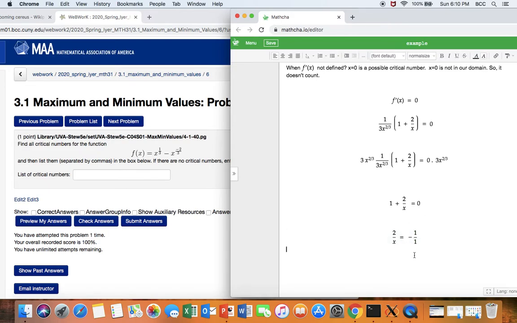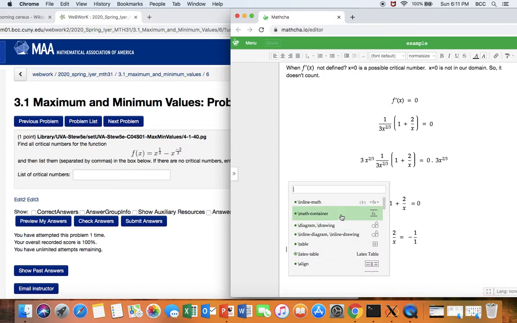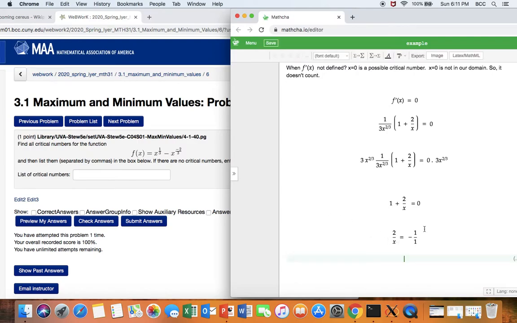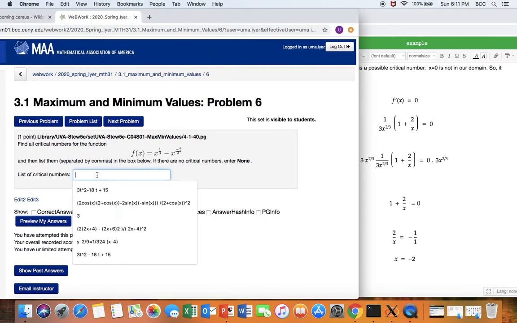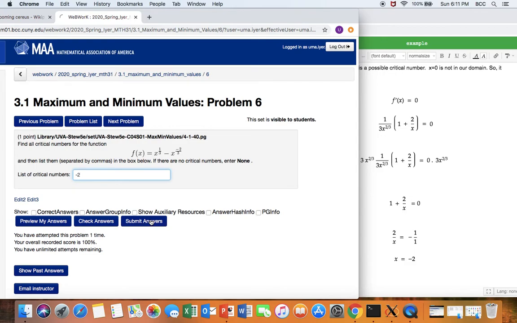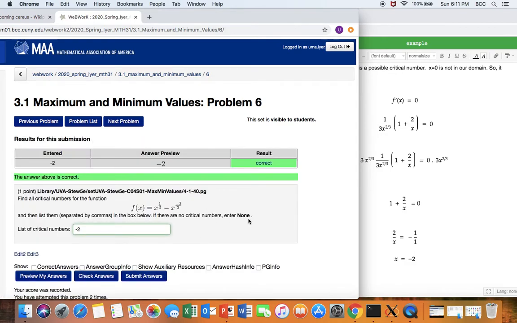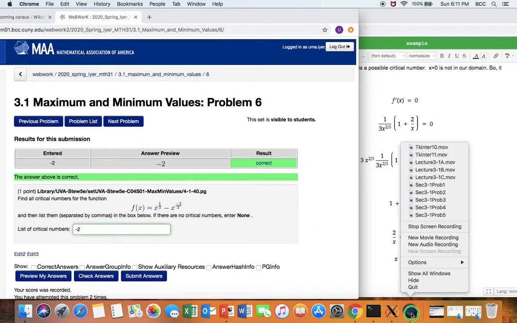Now when I cross multiply, I get x times 1 is x, equals -1 times 2, so -2. So that's the only option I get for derivative equals 0. So let's plug in -2, submit, and we are fine. Okay, so long until next problem.